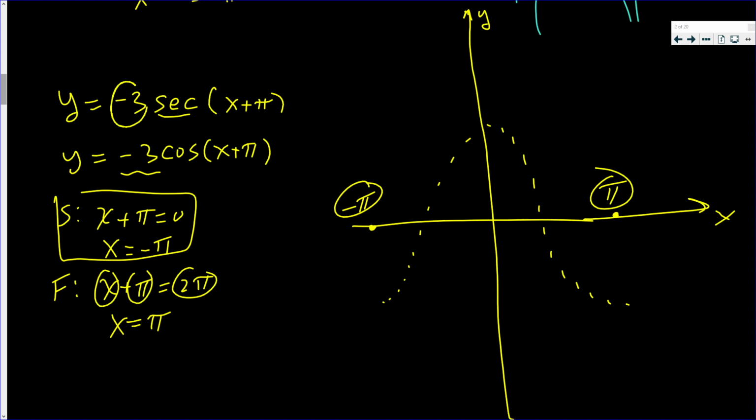And the highest point is the absolute value of 3, and the lowest value is negative the absolute value of 3. And like always, we find where the graph equals 0, and we draw our vertical asymptotes.